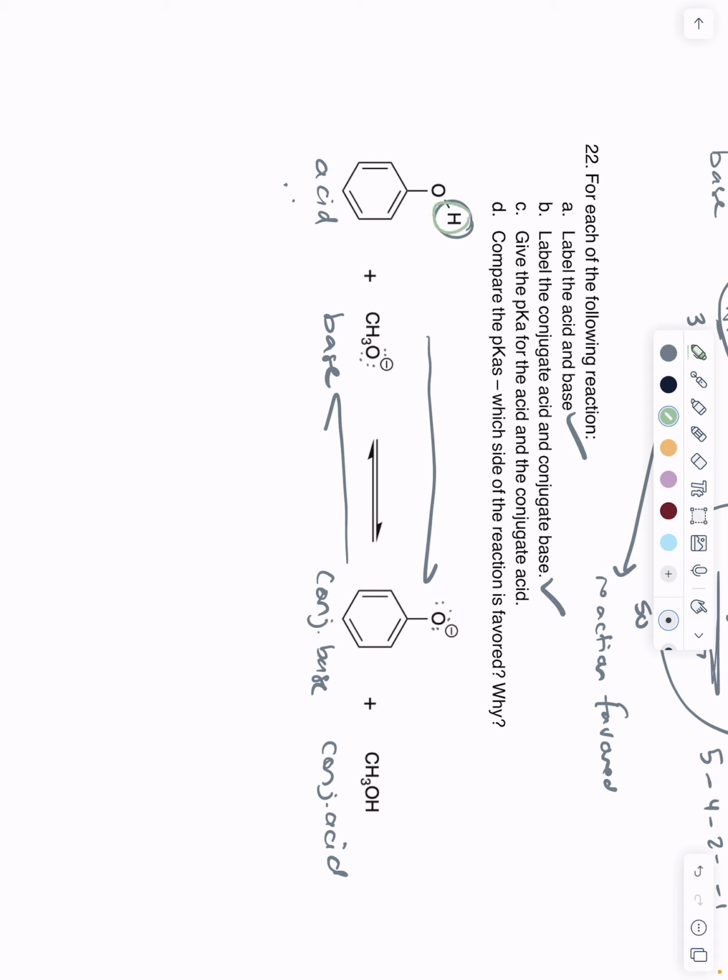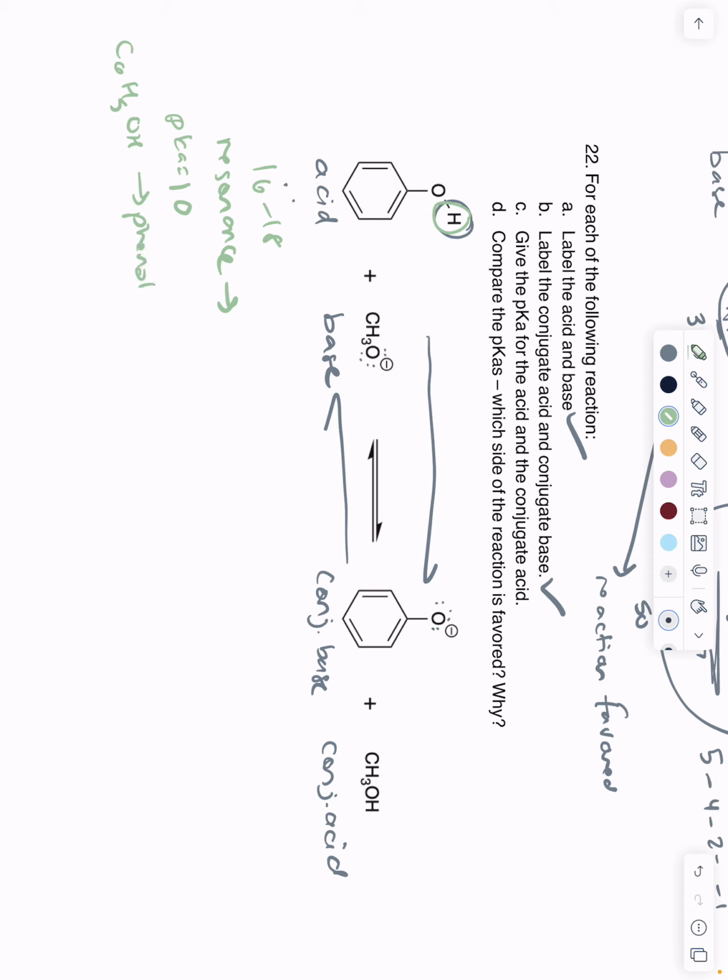Usually alcohols are 16 to 18, but because of resonance, this has a lot of stability, and therefore it becomes more acidic. If you look at the pKa table, this is actually a pKa of 10, because this is C6H5OH, phenol.